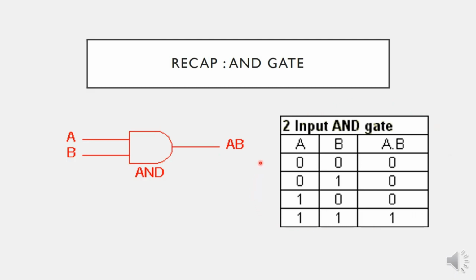For example, we can use this logic gate to represent a security system which has two inputs. The first input could be a temperature sensor, and the second input is a motion sensor. The output will be an alarm.